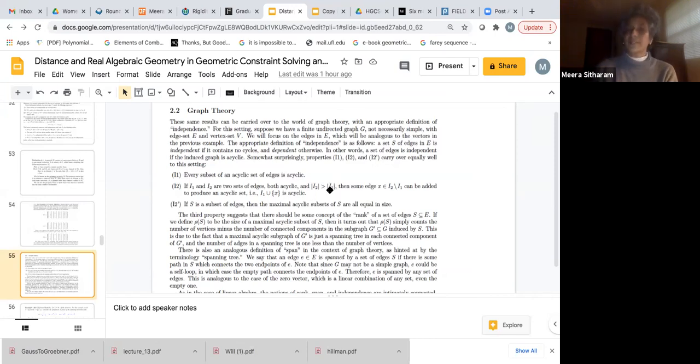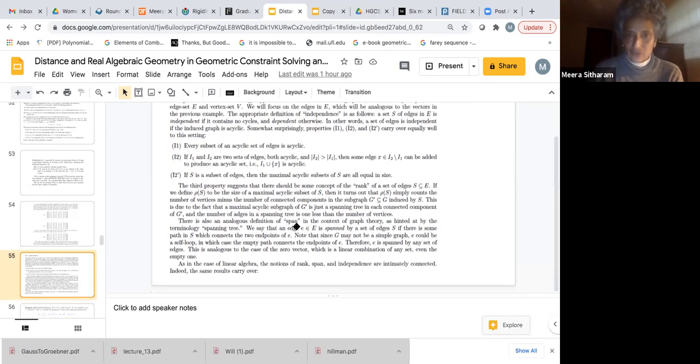So it's possible that an edge in the larger one that you add to the smaller one creates a cycle. But because this one is strictly bigger, you should be able to find one that does not create a cycle, because it has to involve one more vertex, and so you can add it and you get an acyclic set.